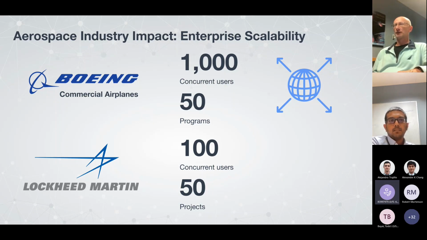They scaled that across the whole corporation with 1,000 concurrent users across 50 programs. And similarly, Lockheed Martin at a smaller scale. But Boeing really pushed the envelope of the scalability for the infrastructure. It has been a major contributor all along.